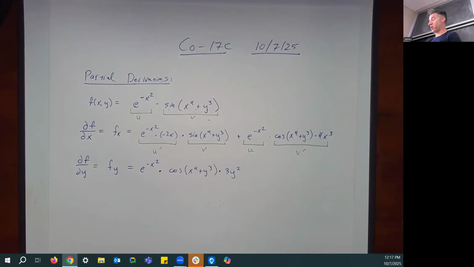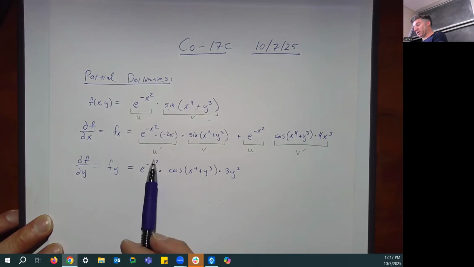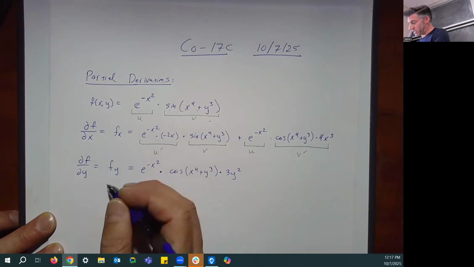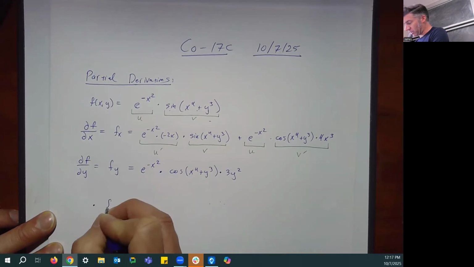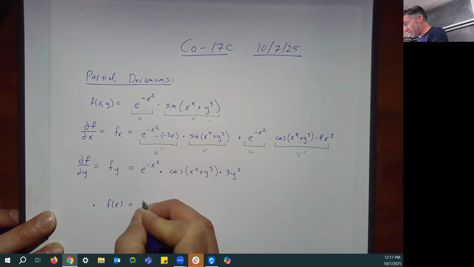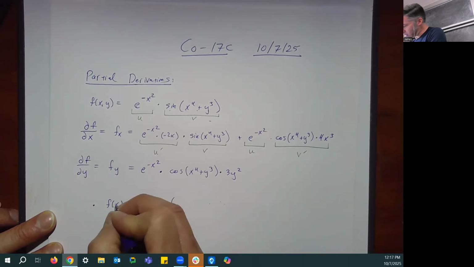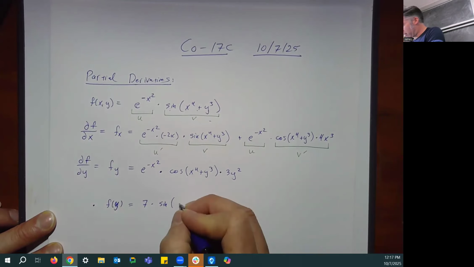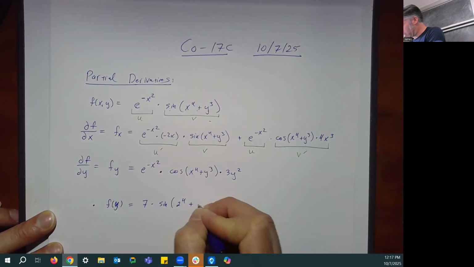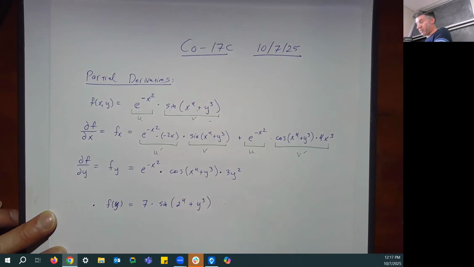I want to make sure it's super clear. The reason we're leaving this e to the negative x squared in front here is because if you had a function f of y equal to 7 times sine of 2 to the fourth plus y cubed, that multiple 7 would just hang out when we take the derivative.